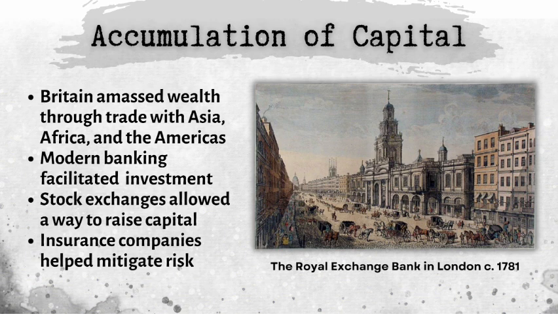And new insurance companies facilitated trade and investment by mitigating risks associated with long-term industrial projects and international trade. Pictured here on the slide is the Royal Exchange in London in the late 1700s. It was the country's first specialized commercial building, which was designated to be the center of commerce for the City of London.